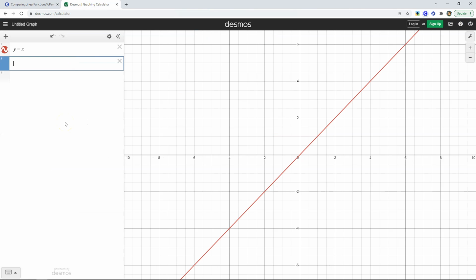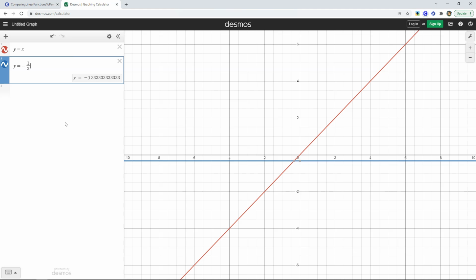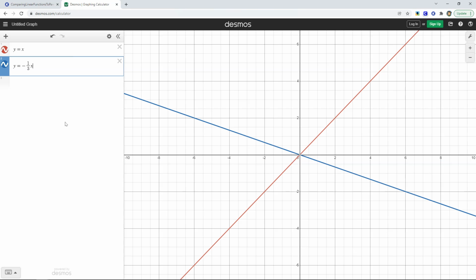So I'm going to go ahead and type that in exactly as it appears in ALEKS. So y equals negative 1/3. Make sure that my x is next to the coefficient and not potentially underneath next to the 3. Okay, so it's negative 1/3 x, not negative 1 over 3x.